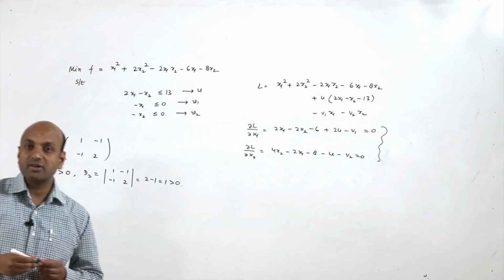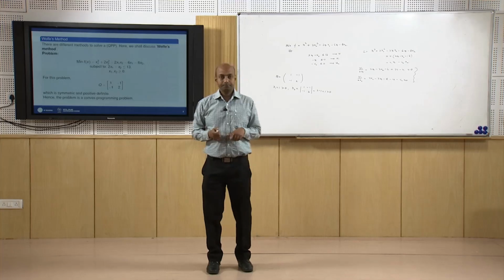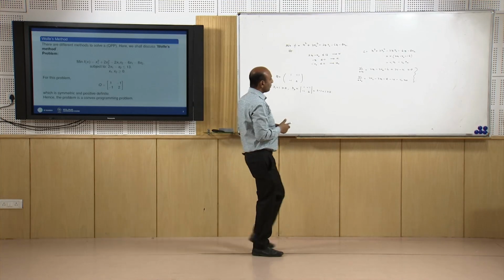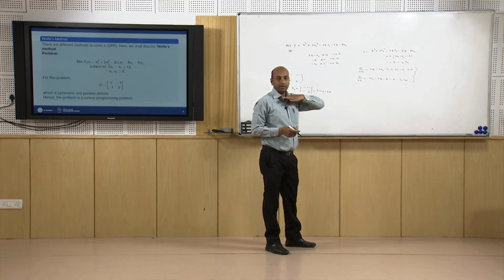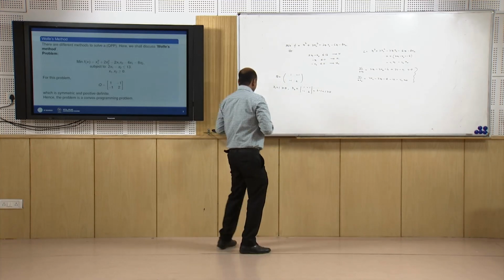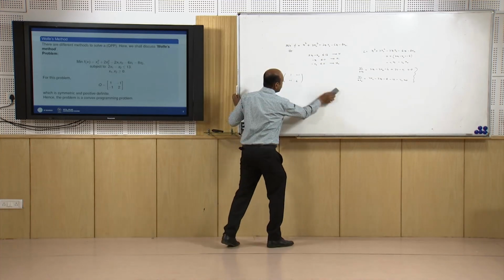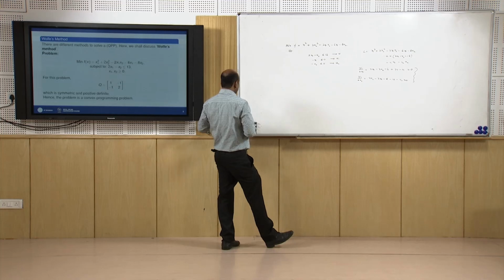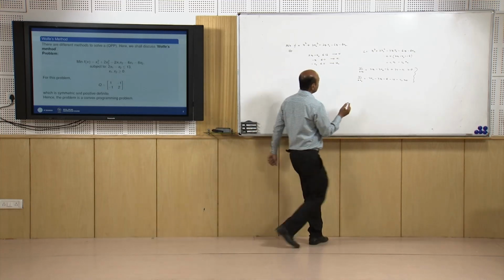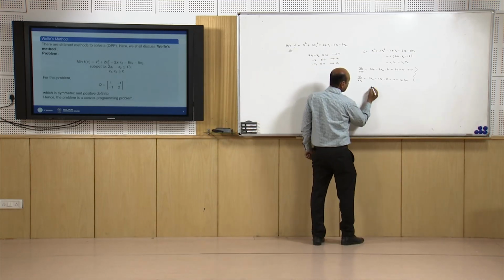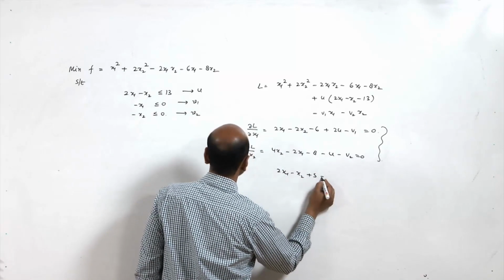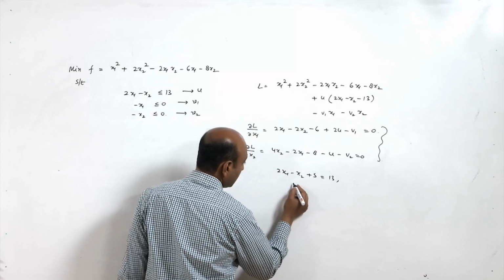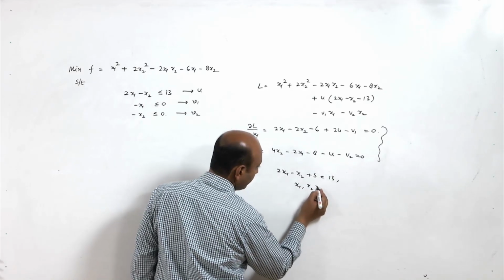So, these are the first KKT conditions. You can obtain them directly also by writing those conditions. Then the other conditions are the feasibility conditions, that is 2x1 minus x2 plus s equals 13 and x1, x2 non-negative.